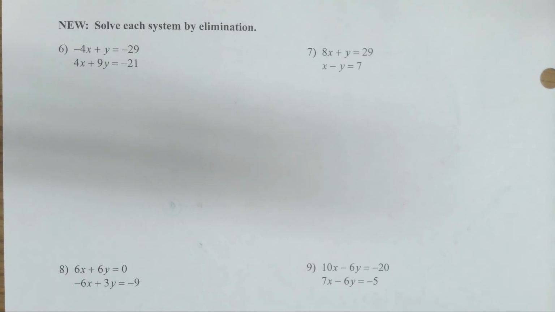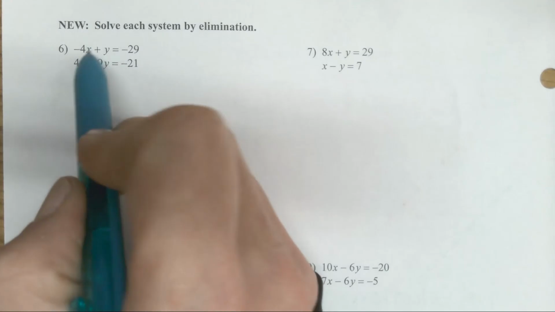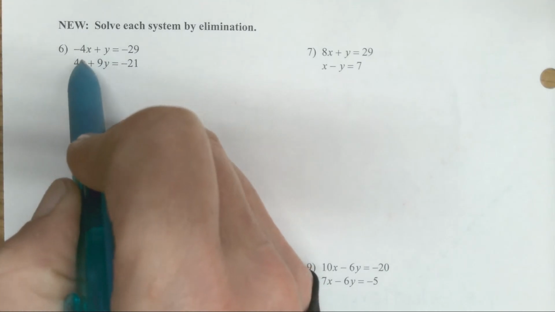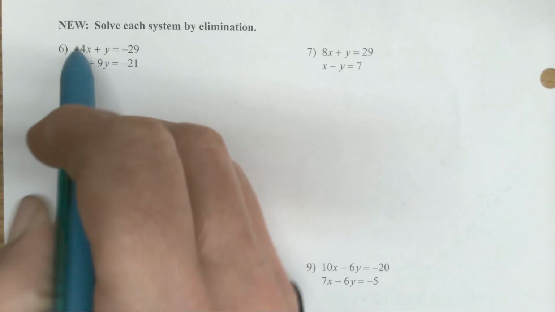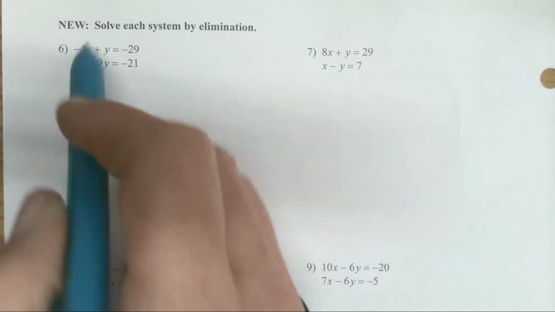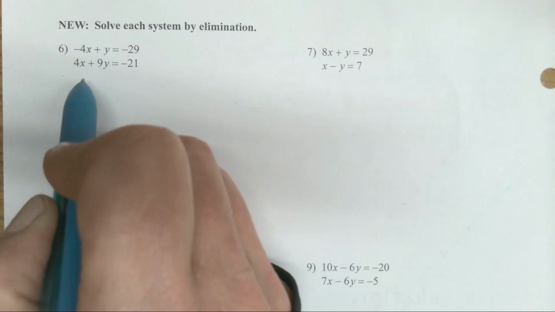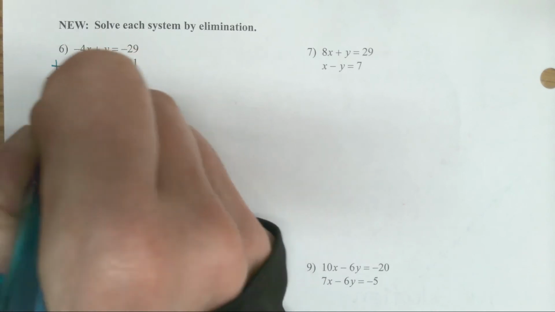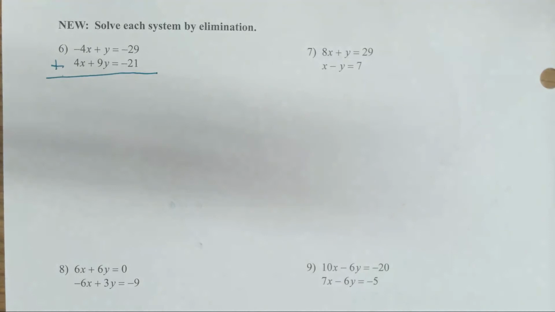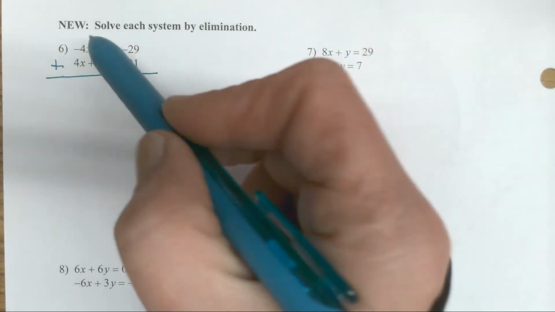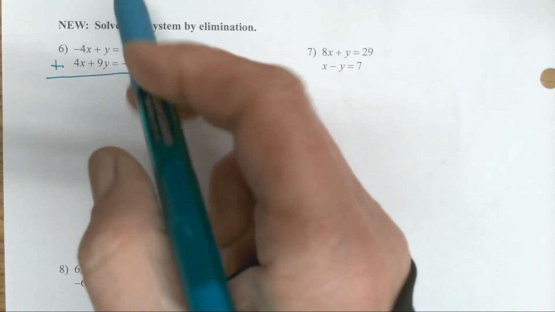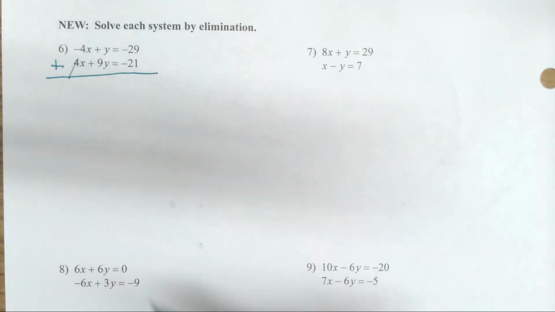And it's easiest to do when you find two variables that are the exact opposite. So like for instance, in number 6, I have negative 4x and 4x. So what I do is I add these two equations together. And when I add the two equations together, the 4x's cancel out.